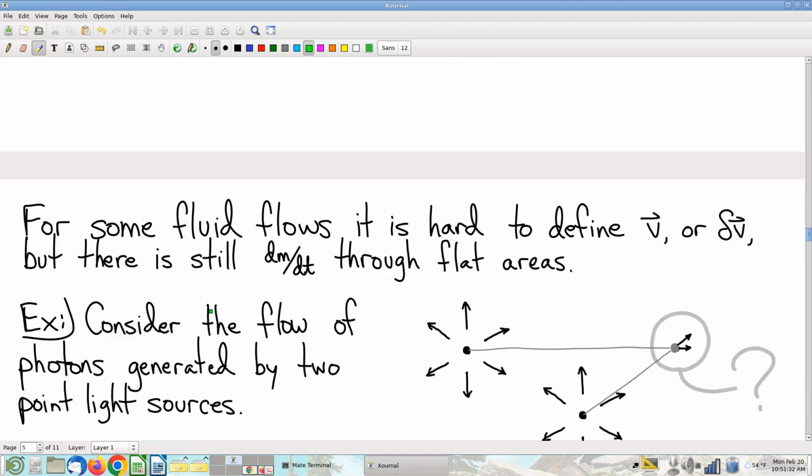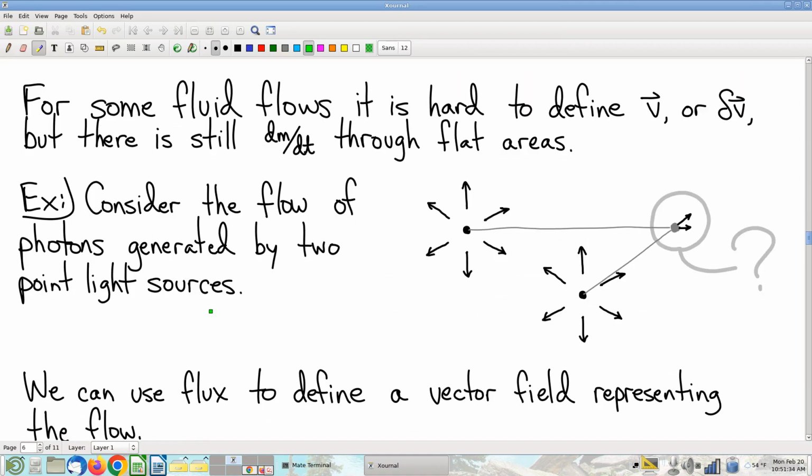Seems like a nice, simple story, but then I introduced this complexity where we have two different light sources, each of which is making a different flow of photons, for example, which again are a kind of fluid. At a given point, you can't say what the velocity is because there's photons going in two different directions at that point.